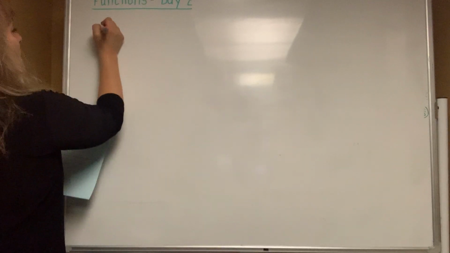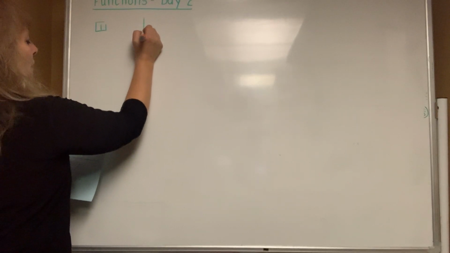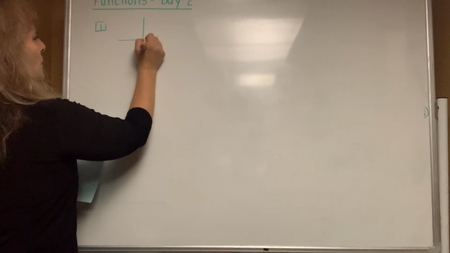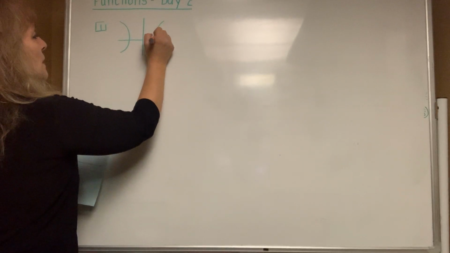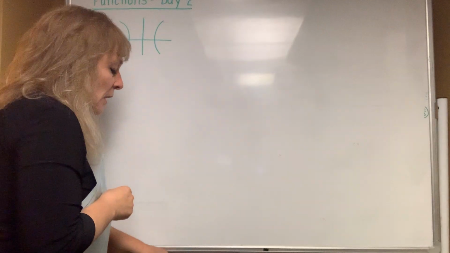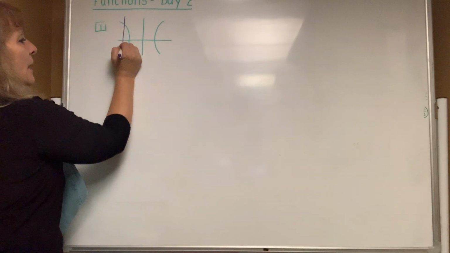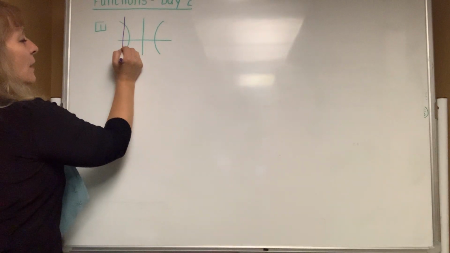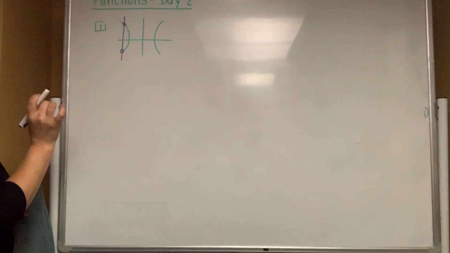Number 1 says, which graph does not represent a function? And your answer to the question is graph number 1. The reason why graph number 1 is not a function is because it does not pass the vertical line test. There is a vertical line that intersects that graph at more than 1 point.